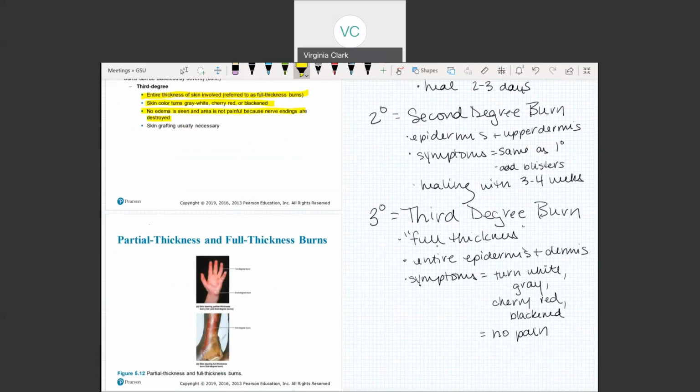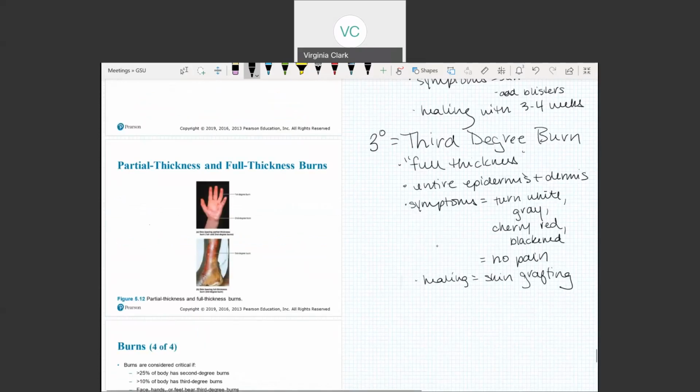They have all been destroyed. Therefore, there is actually no pain. To heal with this, you are actually going to need skin grafting. They will have to recreate your skin by moving it from one area of your body or from a different animal to wherever it needs to be.